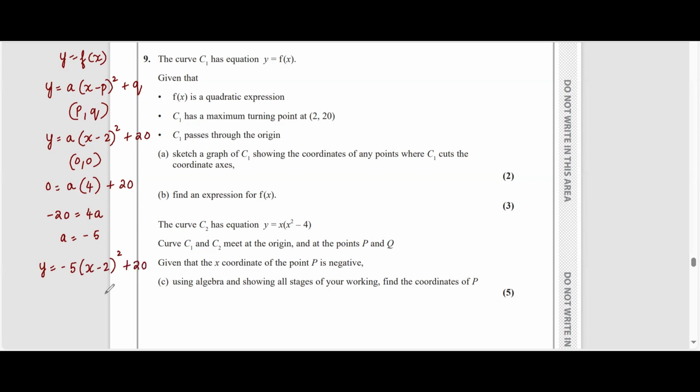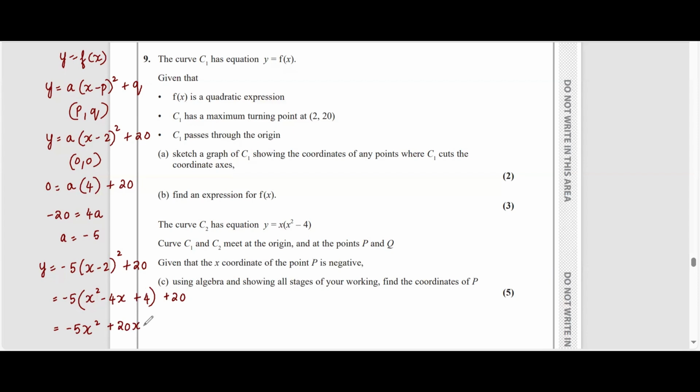I'm just going to write this in the standard form of a quadratic equation. So that is minus 5 into, x minus 2 the whole square, that is x square minus 4x plus 4, and then we have this plus 20. When we expand the bracket, minus 5 into x square is minus 5x square. Minus 5 into minus 4x is positive 20x.